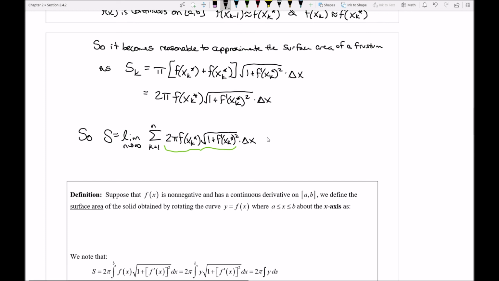And so I can go ahead and rewrite this then as an integral from a to b of 2 pi f of x times the square root of 1 plus f prime of x all squared dx. And this is a definite integral that represents the surface area of the resulting solid.